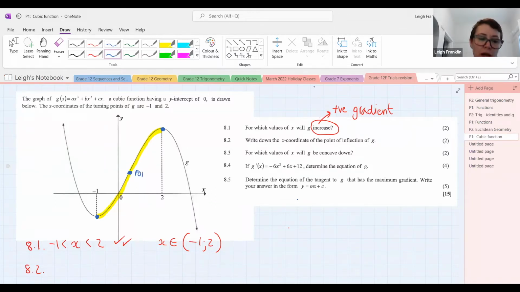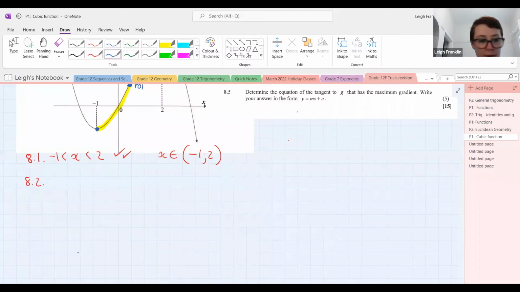So in order to calculate the x coordinate at the point of inflection, we use the midpoint formula. So in other words, x equals -1 plus 2 all over 2, okay? And that's where we would get x equals 1/2 from, okay?